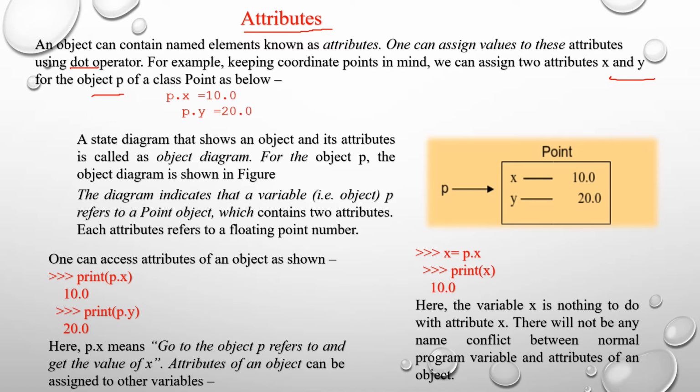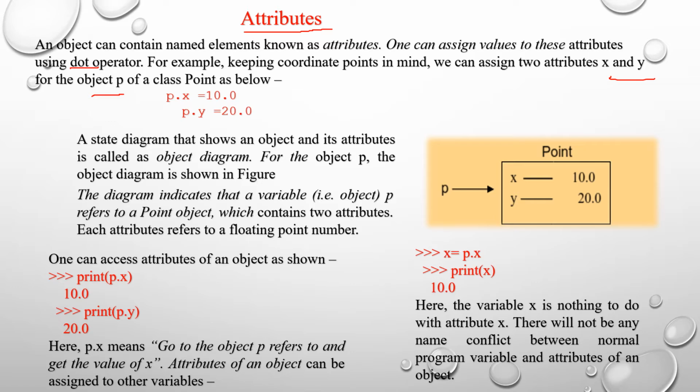So p is of class Point and x and y are the attributes. So here I am going to create p.x = 10 and p.y = 20.